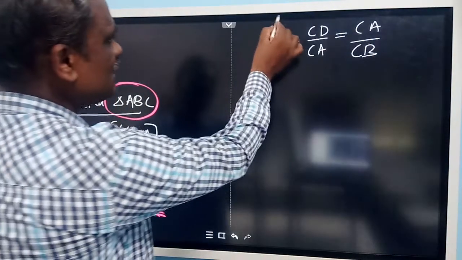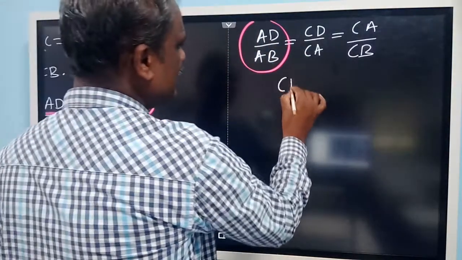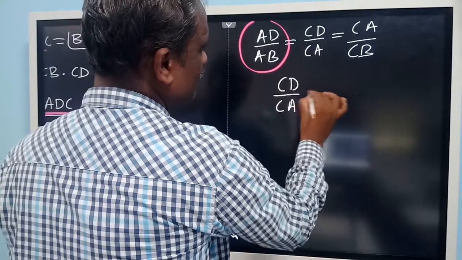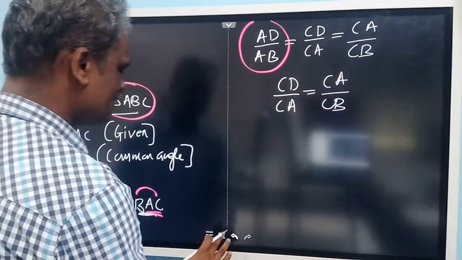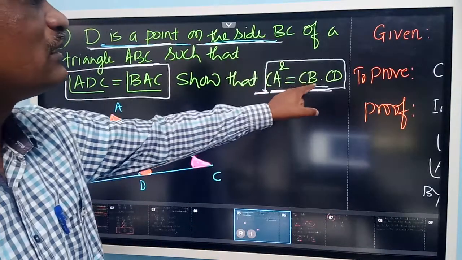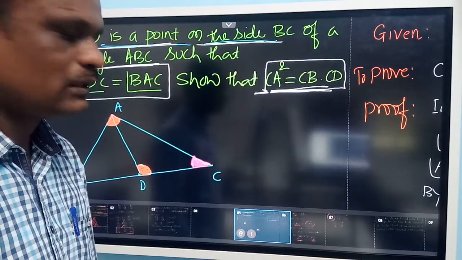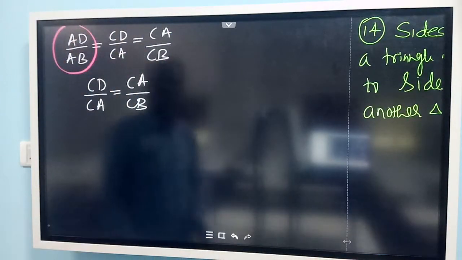So now I don't want this, you can remove this, take only the last two. CD by CA is equal to CA by CB, because we need to prove CA square is equal to CB into CD. So now come to this ratio, cross multiply now.